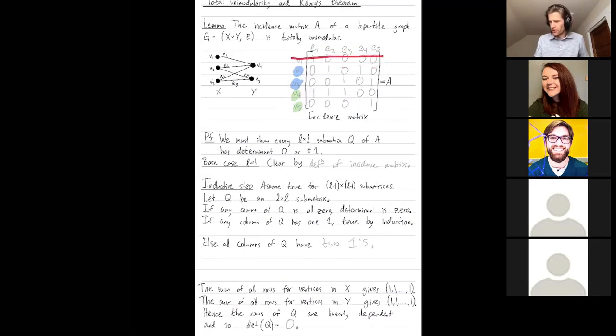Like when we cut off this vector V1, we didn't remove any ones because the columns that remain still have all of their ones in the square submatrix. Wouldn't we always be in the third case? Or no. Okay, this is all columns of Q, not all columns of the big matrix. Sorry. Yeah, no, definitely. Right.